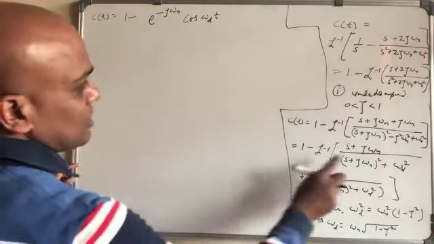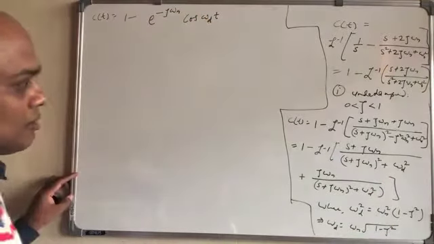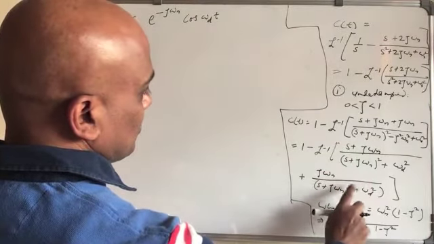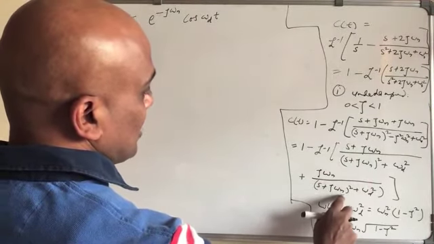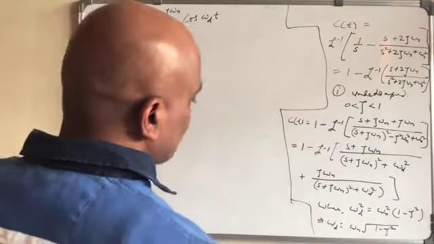So this you get from this, and from this one you have zeta omega n divided by (S plus zeta omega n) square plus omega d square.